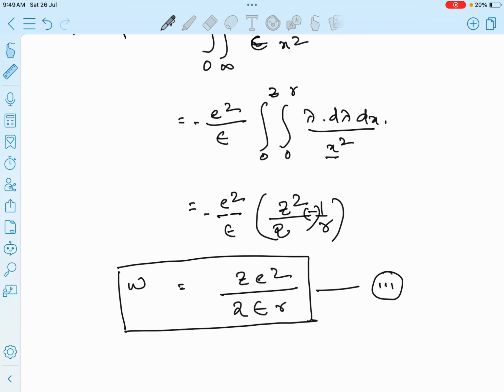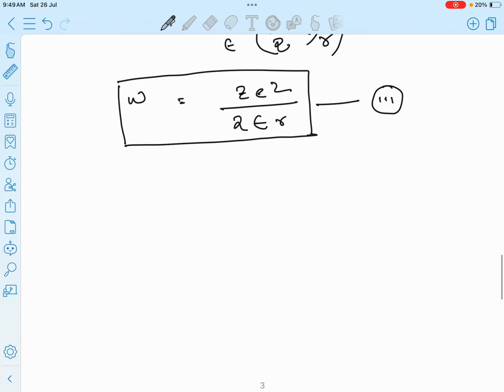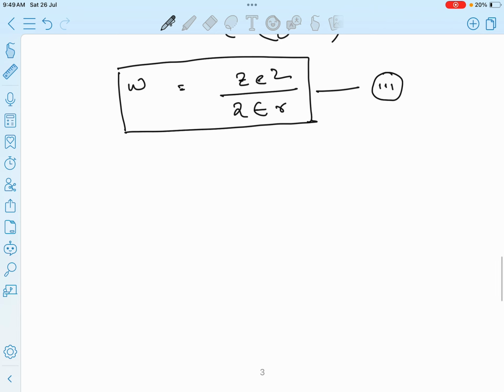So now you already know that the maximum work a system can do is equivalent to the free energy of the system.